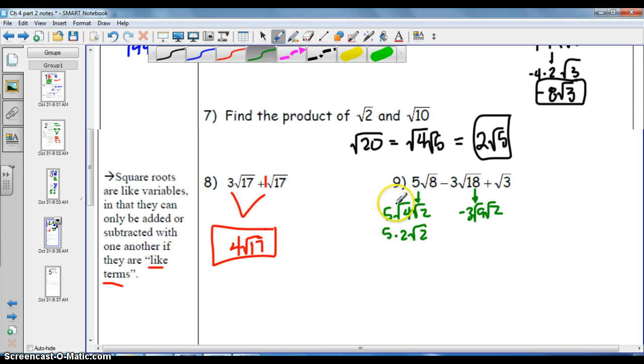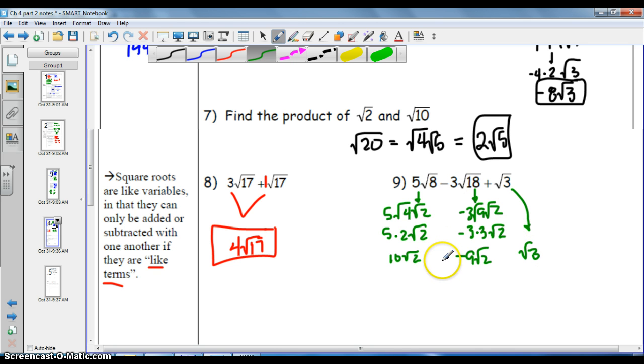So all we did was simplify that square root of 4 and move it out front with the 5. And we multiply those two things together. And then here I have the square root of 9 that's going to move out front and become a 3. So 3 times 3, that would be a negative 9. And then the square root of 3, I'm going to go ahead and just bring it down.